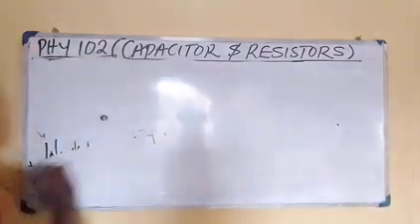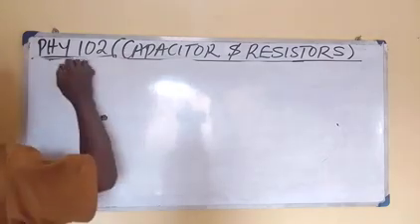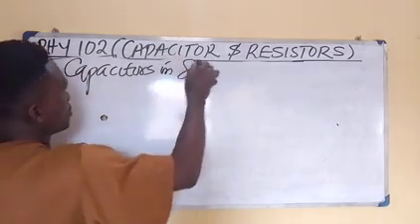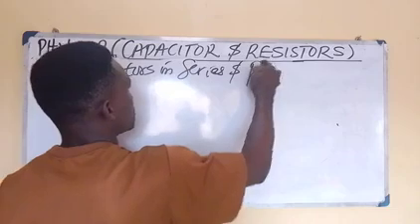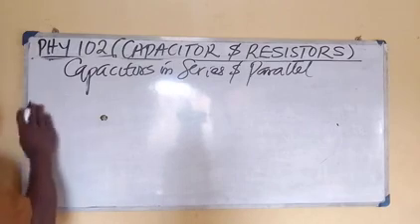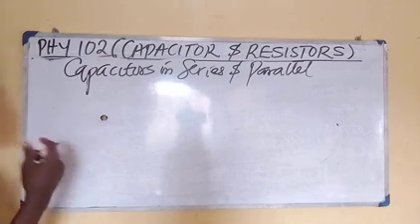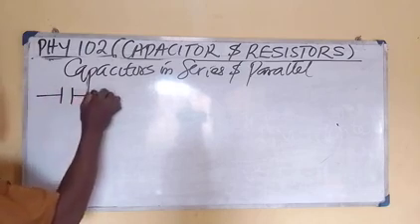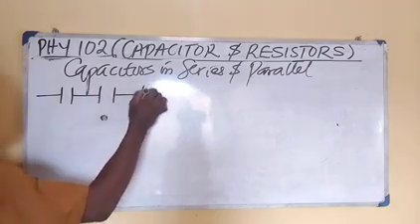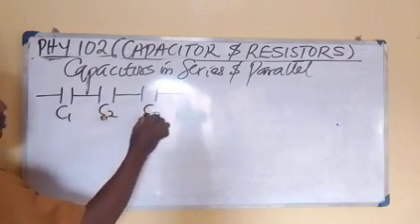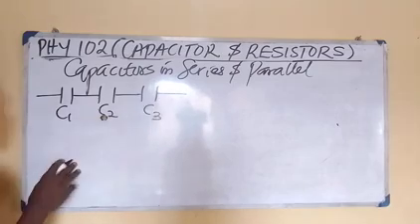Capacitors in series and parallel, which means that when capacitors are in series, they are shown as so. I'll call this C1, C2, C what? 3. So we have 3 capacitors.